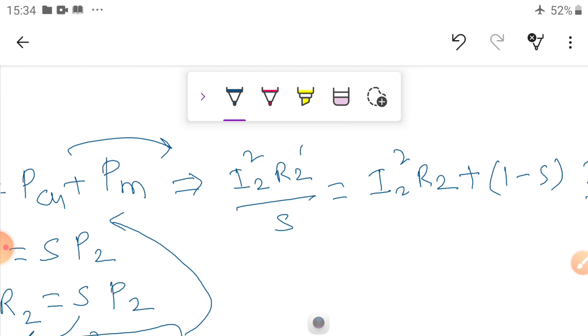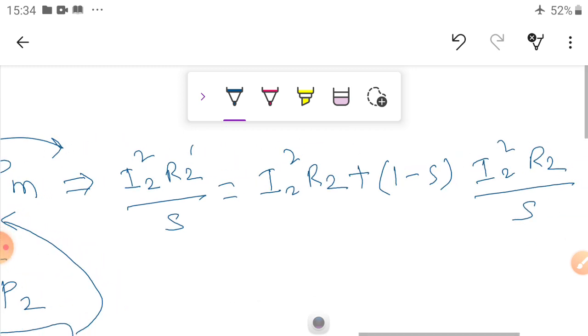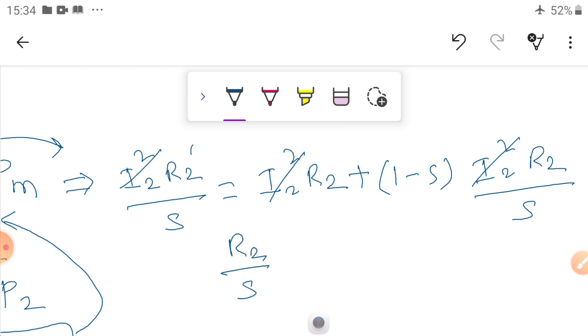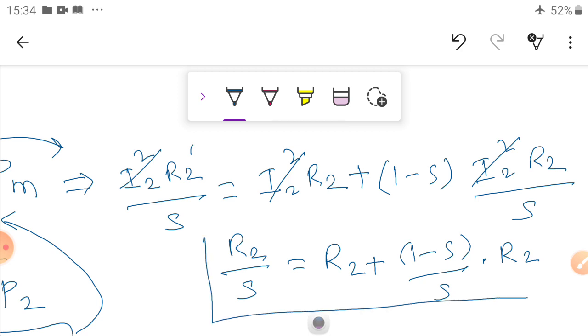The current I2 square is taken out. Then I am going to get the values in only resistance terms. Here R2 by S equals R2 plus 1 minus S by S into R2. This is the equation we finally arrived at.